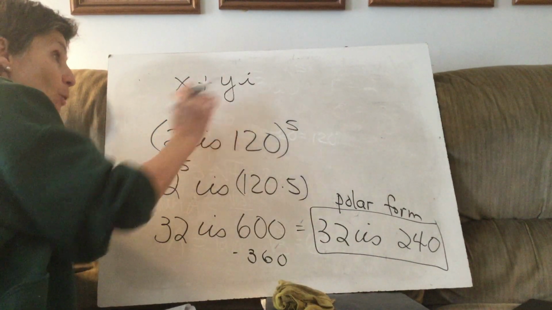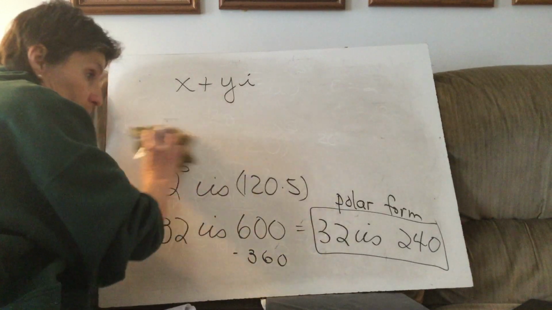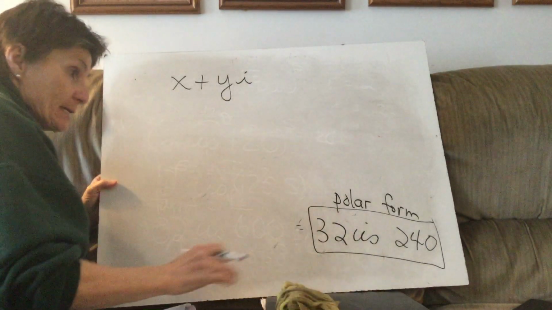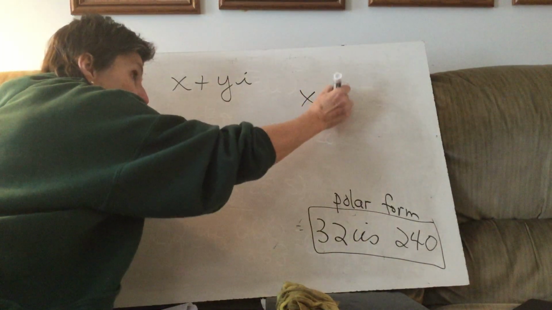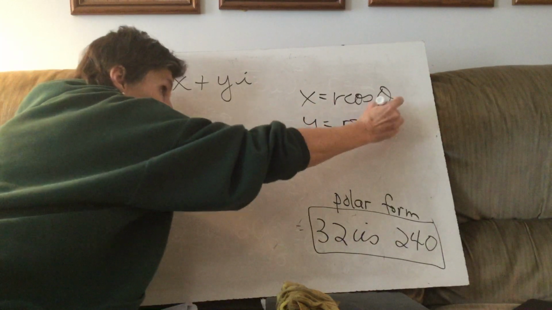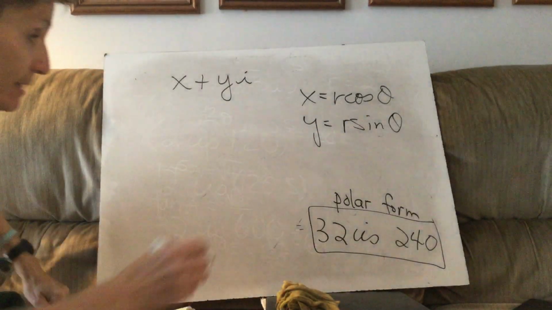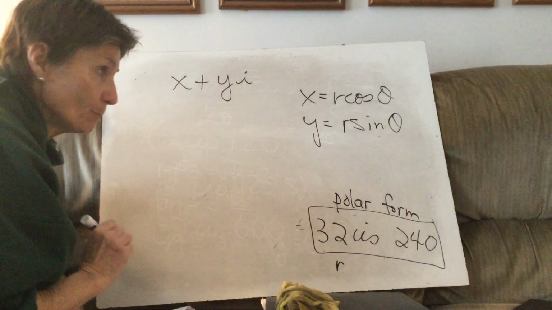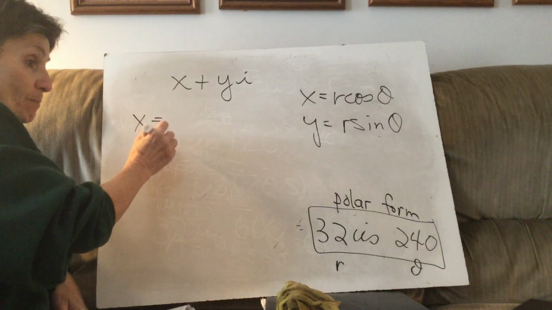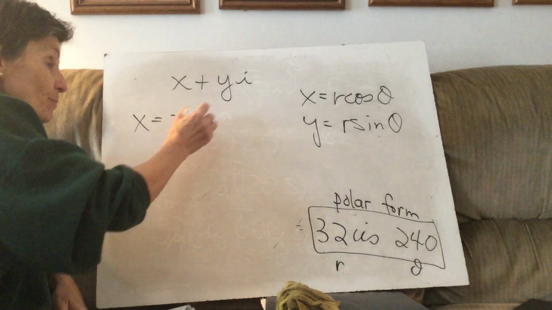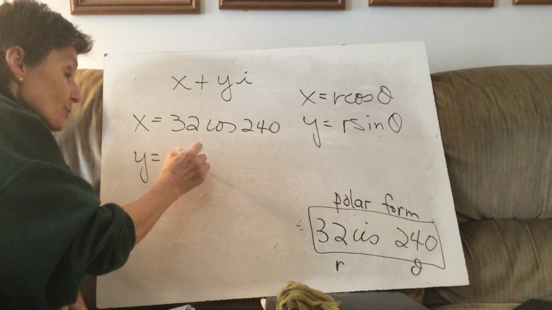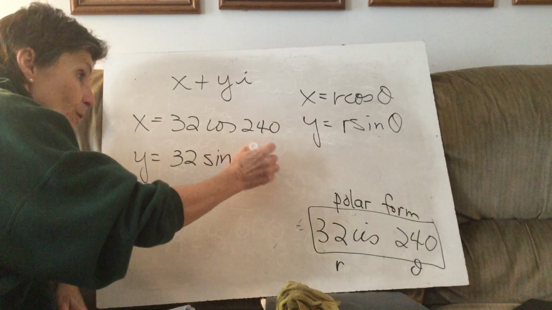We need an X and a Y. Remember, I keep writing it down: X equals R cosine theta, and Y equals R sine theta. Keep in mind, your R is 32, and your theta is 240. So X will be 32 cosine 240, and Y will be 32 sine 240.